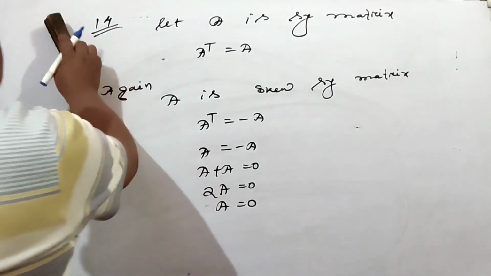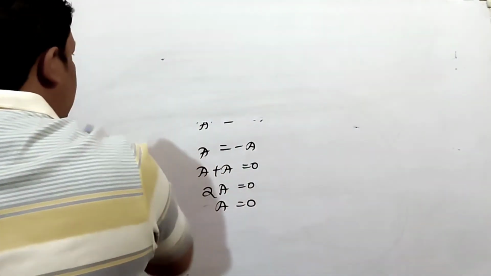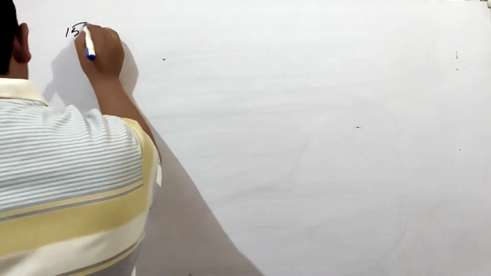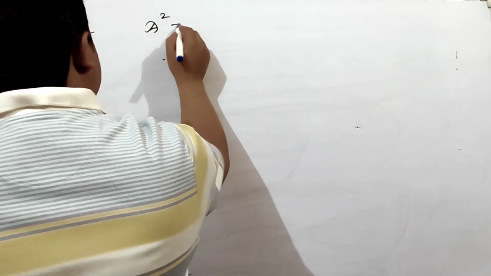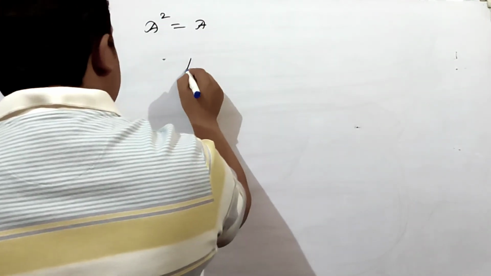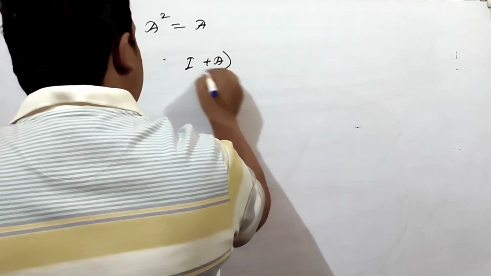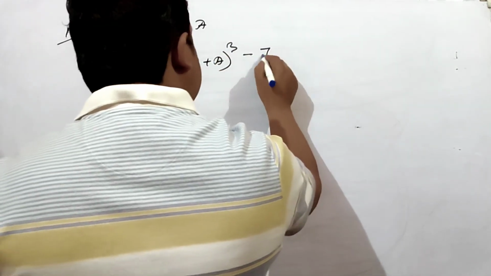Next, question number 15. If A is a square matrix such that A square equals A, it is given, find the value of (I plus A) whole cube minus 7A.